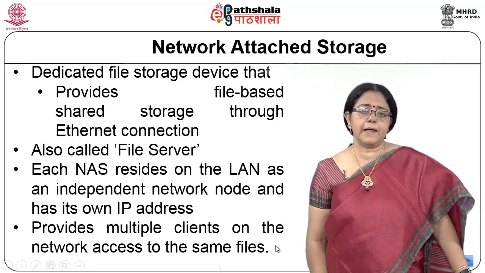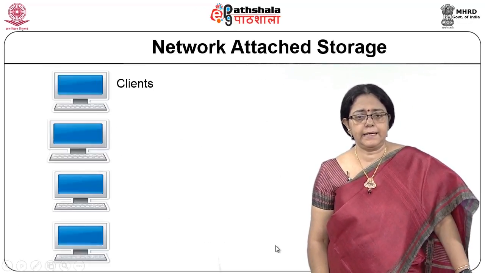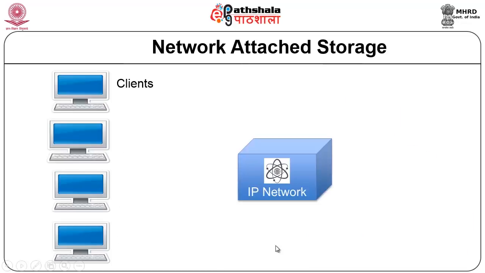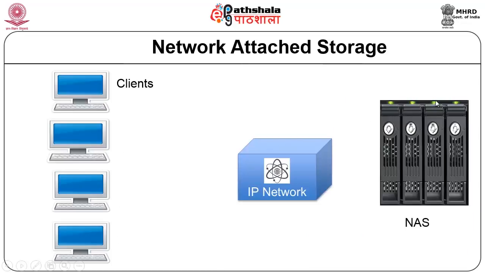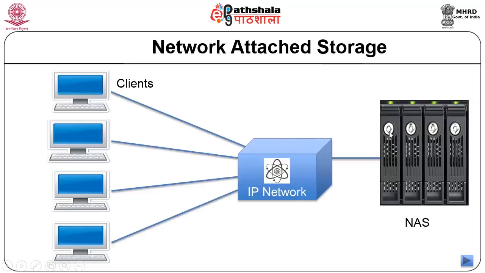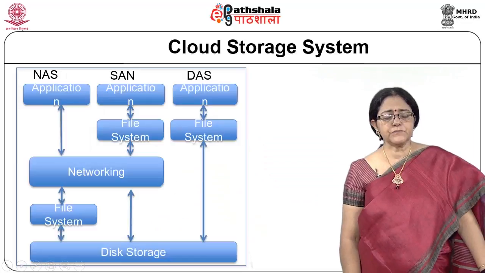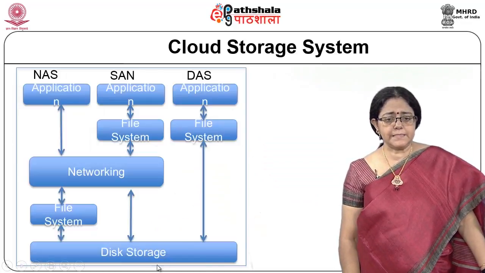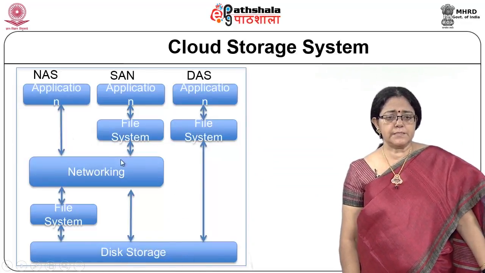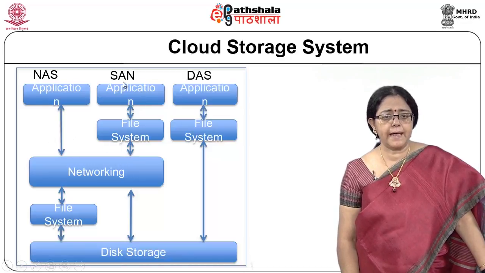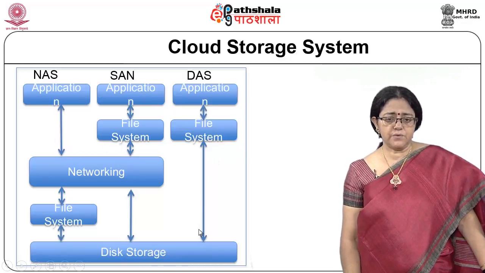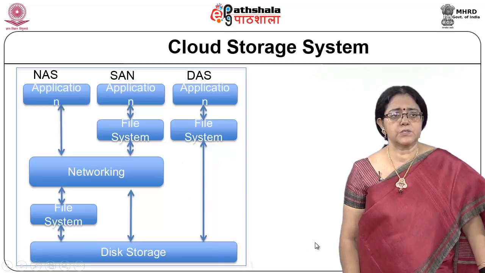Different clients can access the NAS directly over the network. So, these are the clients, and this is our network, and this is the storage, and the clients can connect. So, without having a server in between, the client through the network can directly access the storage. So, these are the three systems where this is the storage, the networking being used only by SAN and NAS, and this is our DAS, which is directly attached to the disk storage.